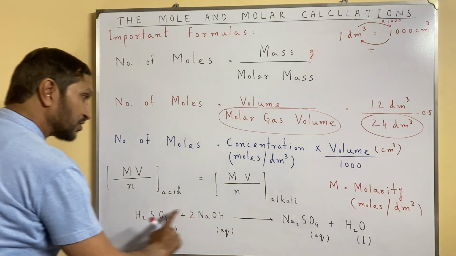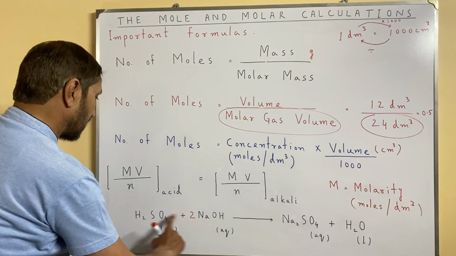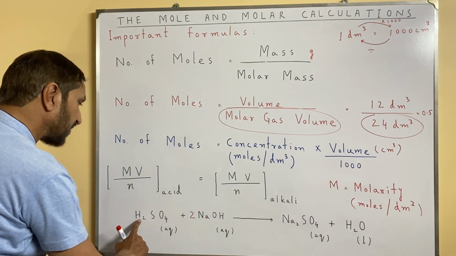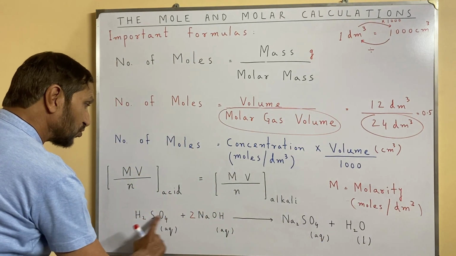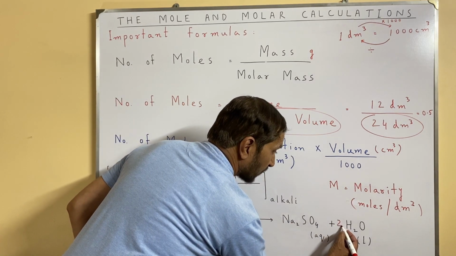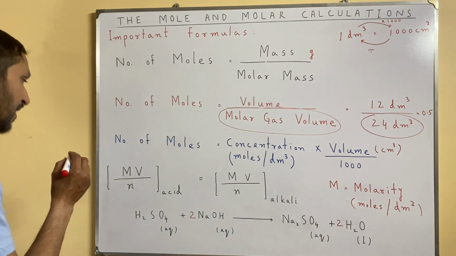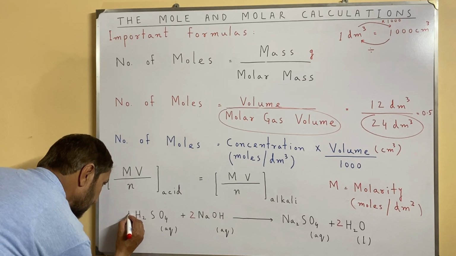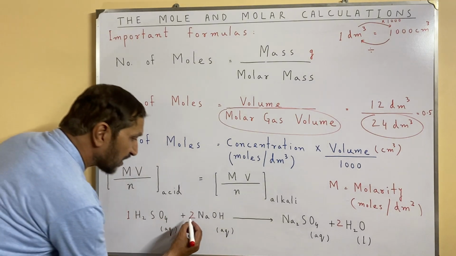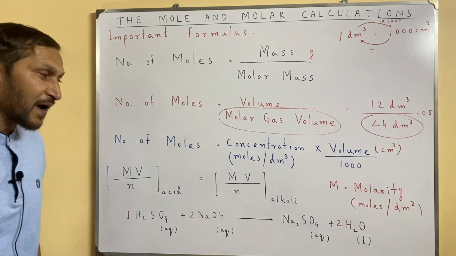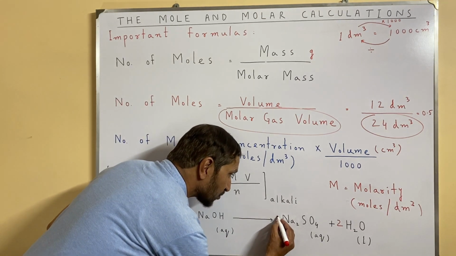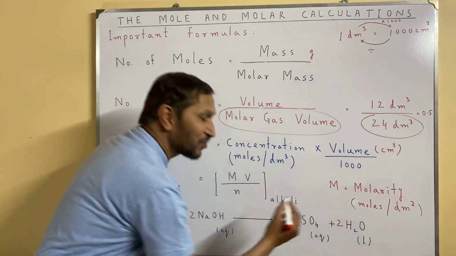There are 2 hydrogen on the right hand side, but on the left hand side there are 2 plus 2, 4 hydrogen, so I will write 2 here. In this way, it means that 1 mole of sulfuric acid reacts with 2 moles of sodium hydroxide to form 1 mole of sodium sulfate and 2 moles of water.